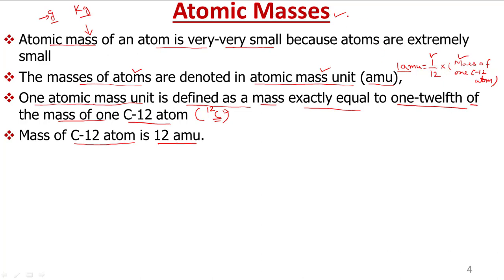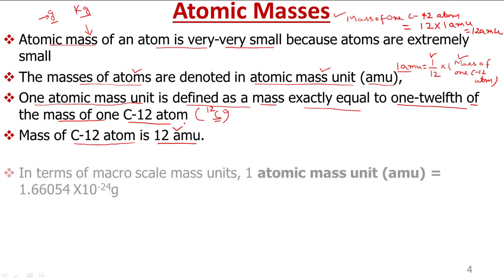Taking 12 to the other side, the mass of one carbon-12 atom is 12 into 1 AMU, or 12 AMU. That's what we have written: the mass of one carbon-12 atom is 12 AMU.